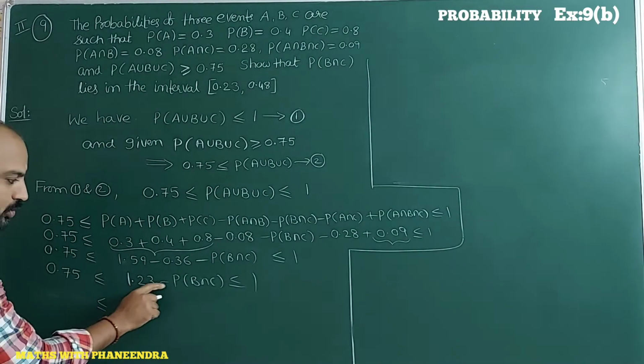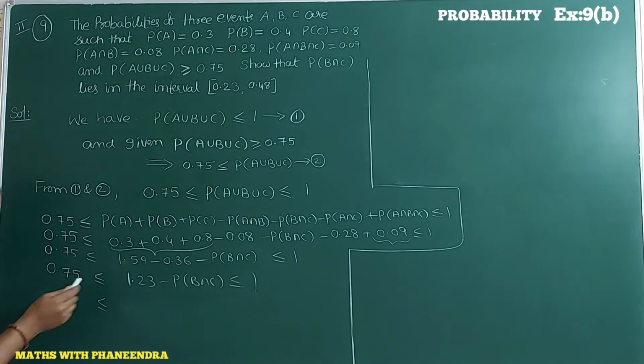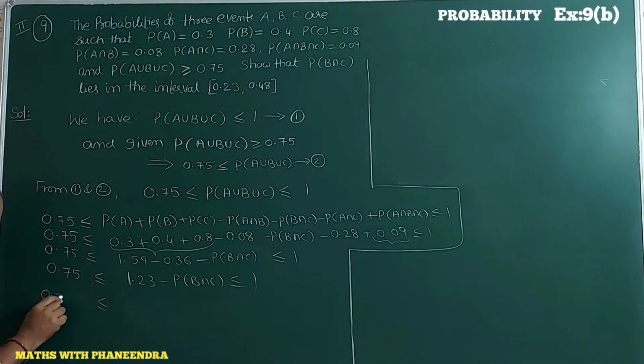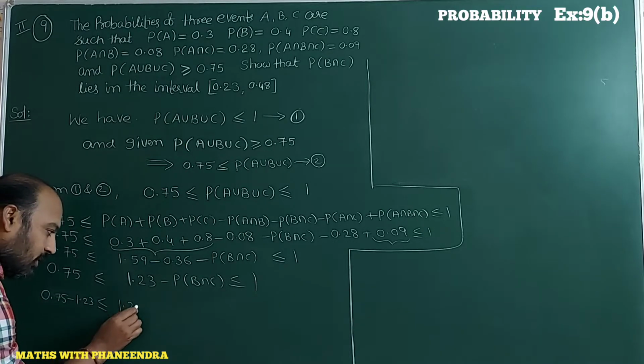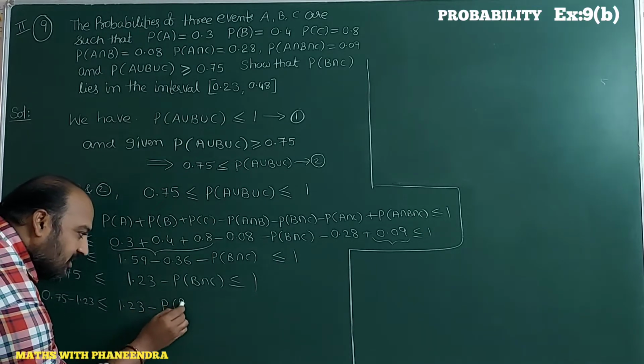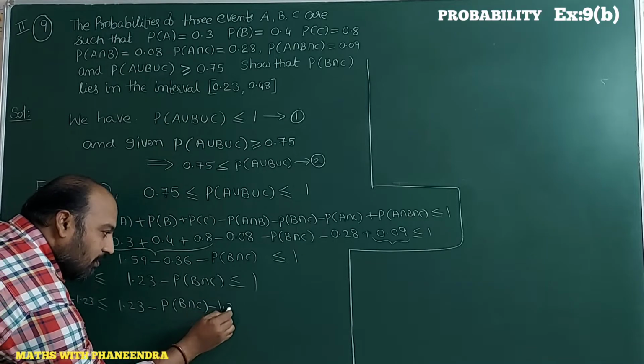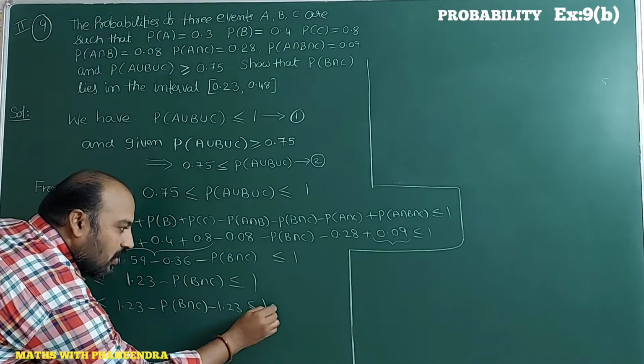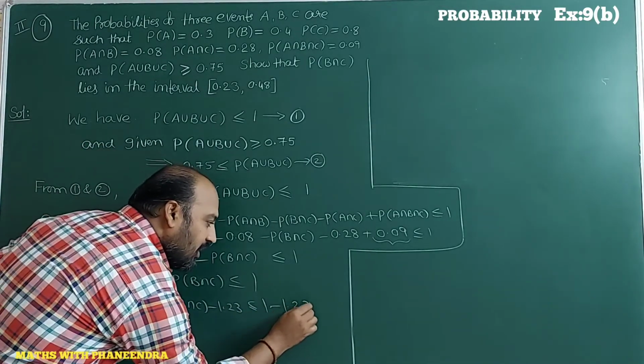Here 1.23 minus this value is there, no? So we can subtract 0.75 minus 1.23. 1.23 minus P of B intersection C minus 1.23 is less than or equal to 1 minus 1.23.